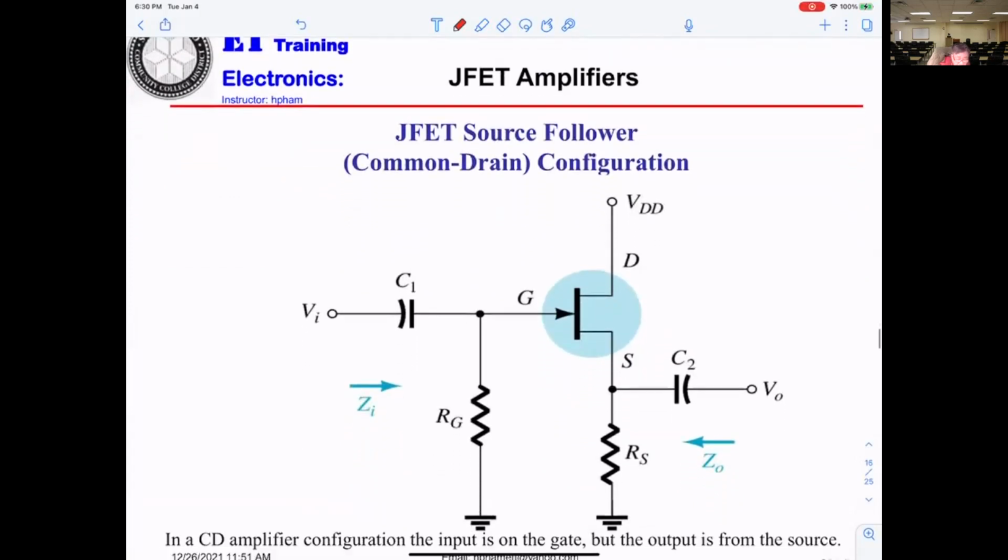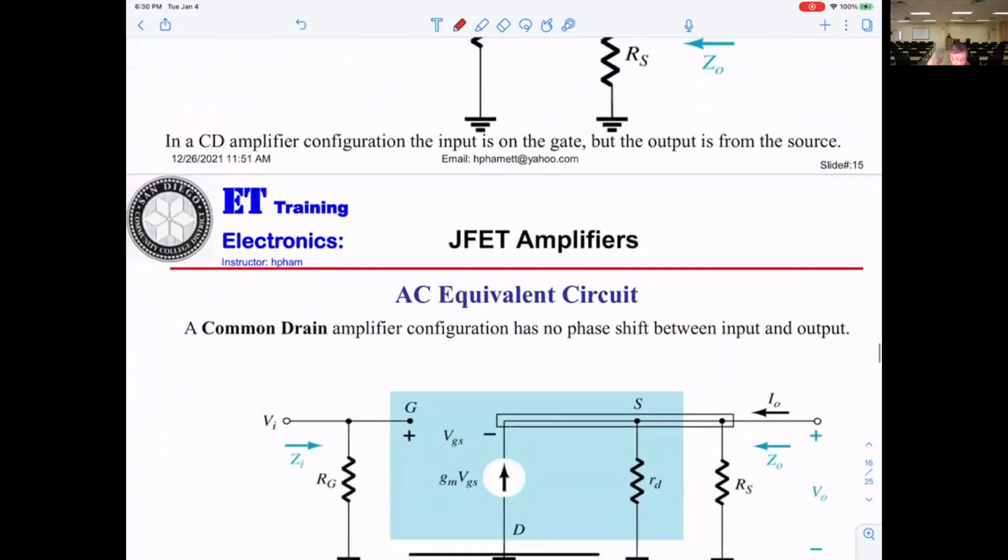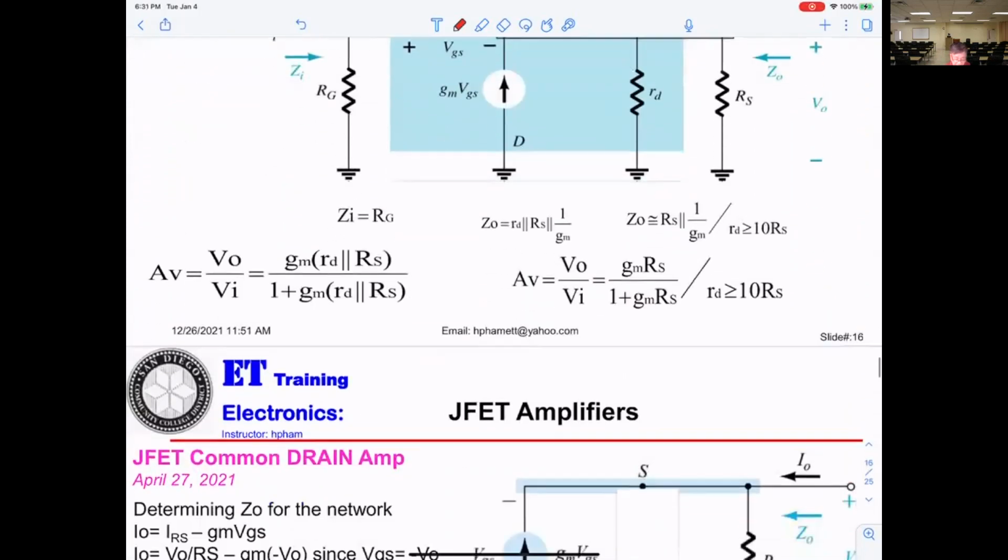If you get the time, try to go through the common drain amplifier. We'll be talking about it next meeting. That will help a lot.